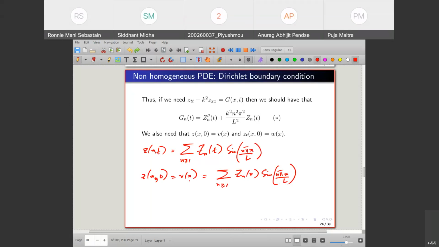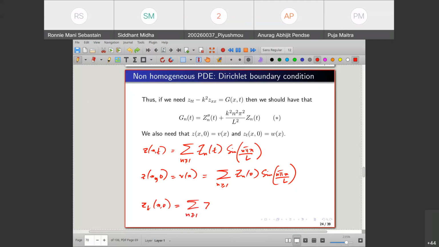Now this is a known function, so we can find its Fourier series. So I have used some notation, and that will tell us the values of Z_n(0).